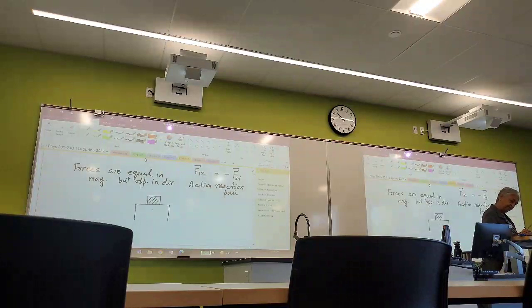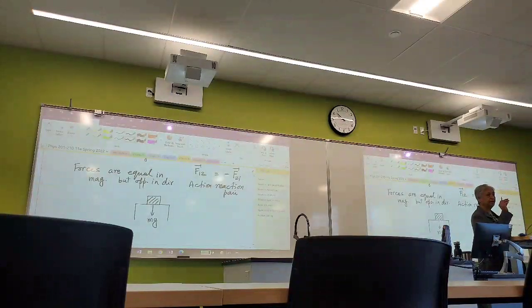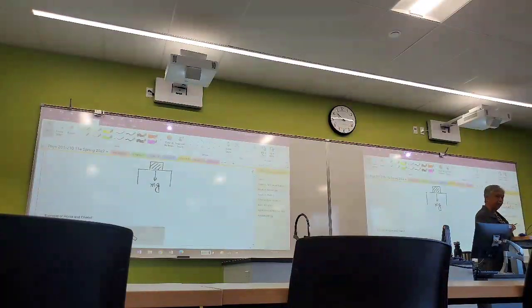You said there is mg force, right? If you understand this example, and one more, the example of the horse and chariot, then you understand the difference between the second and third law.